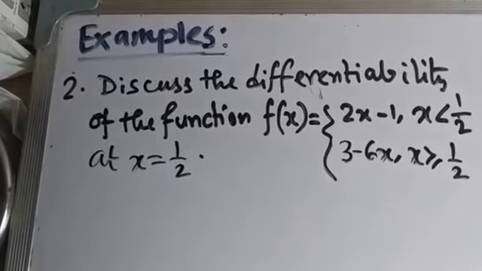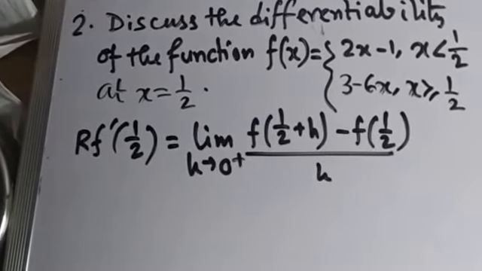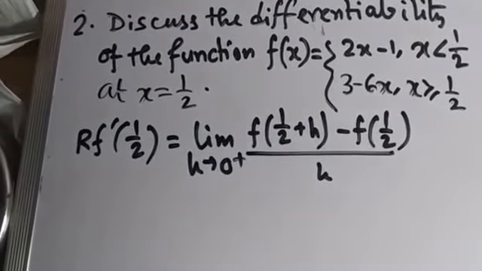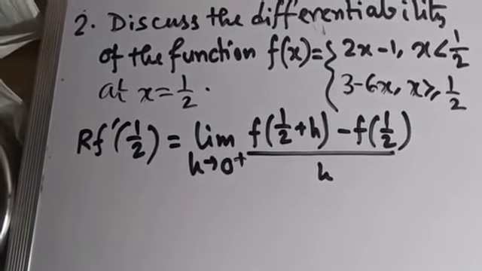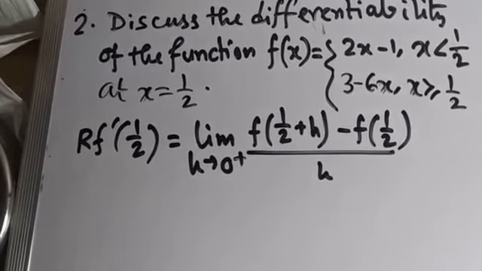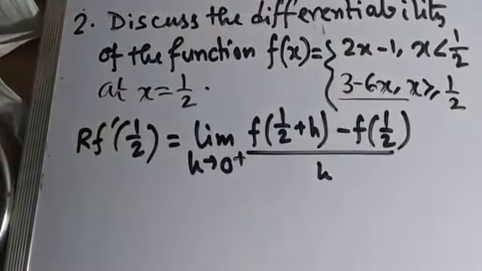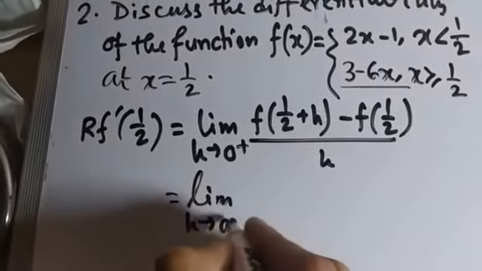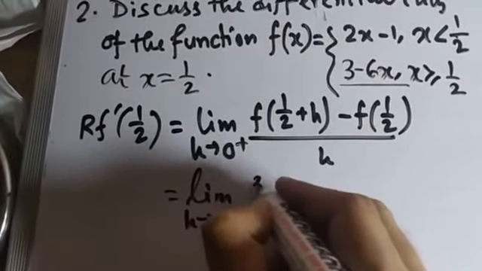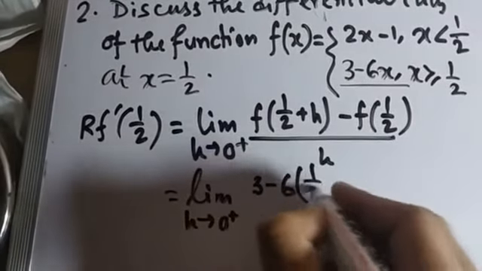So let us check the right hand derivative and left hand derivative. So this is our expression for the right hand derivative. Now what is the value of f of half plus h? From which part we will take? Since h is greater than 0, half plus h must be greater or equals to half. So we will take the expression from this. So we will write this as the limit h tends to 0 plus, it is 3 minus 6 into half plus h.